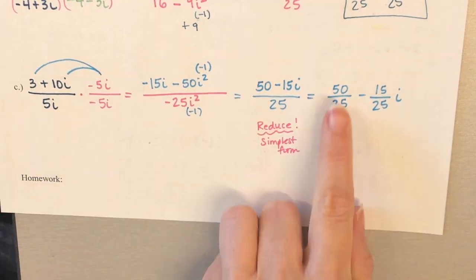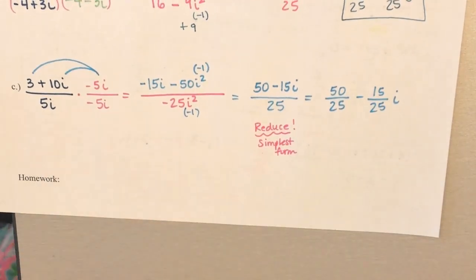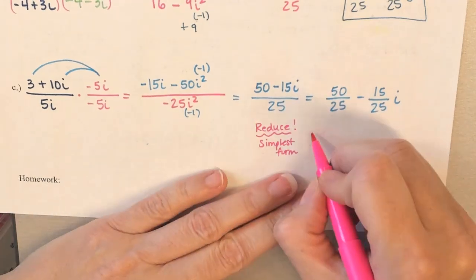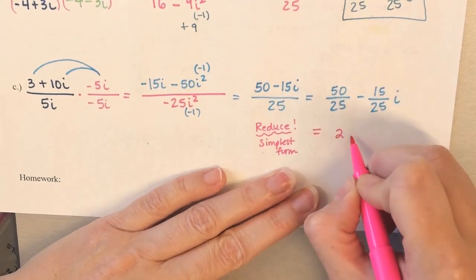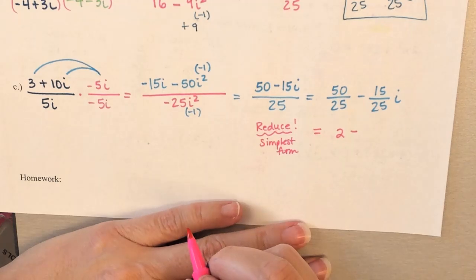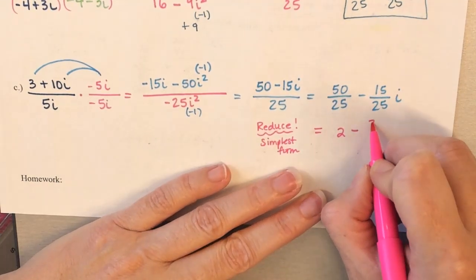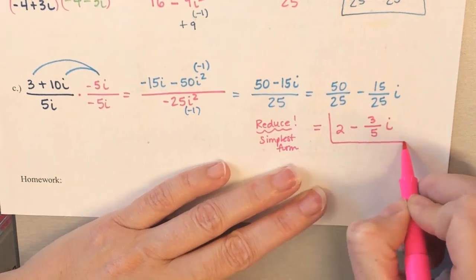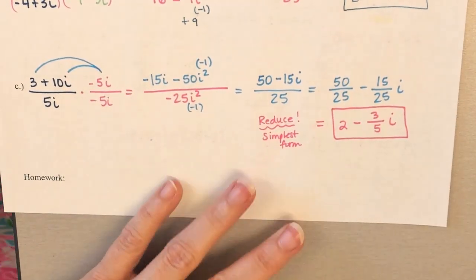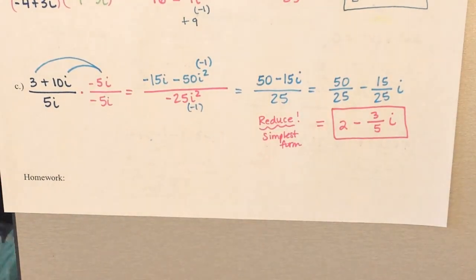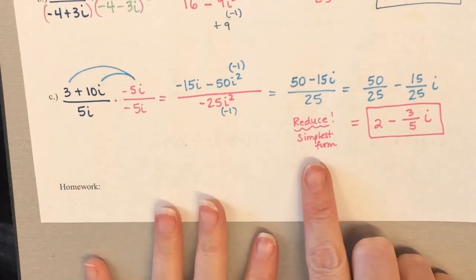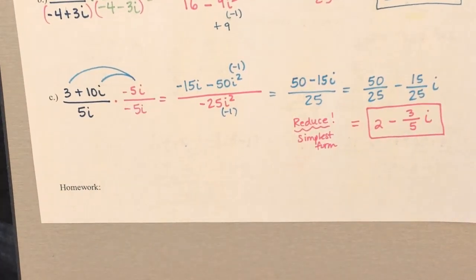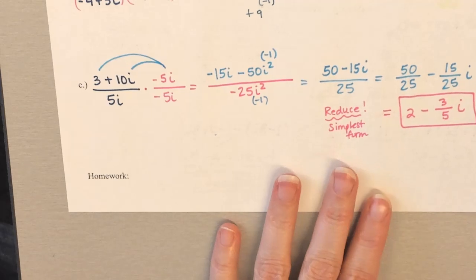So 50 over 25. Well, what's 50 divided by 25? 2. What goes into both 5 and 25? If I divide by 5, 3/5, and then I have my i with it. So this is going to be your final answer. Always reduce fractions, always put that in your simplest form.